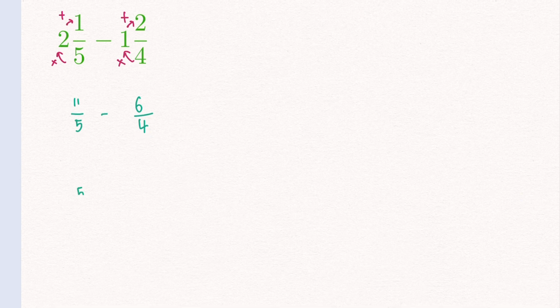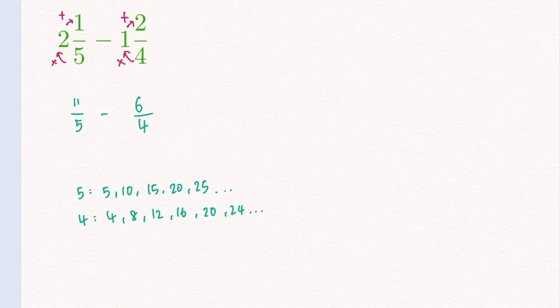So for the 5, let's list the multiples. And here are the multiples for the 4. And so on. We can see that the lowest common multiple between 5 and 4 is equal to 20.